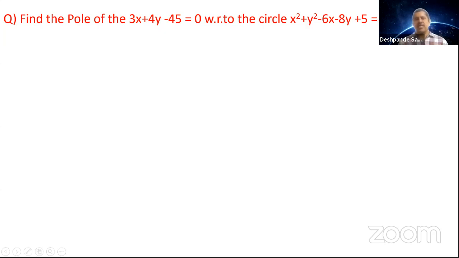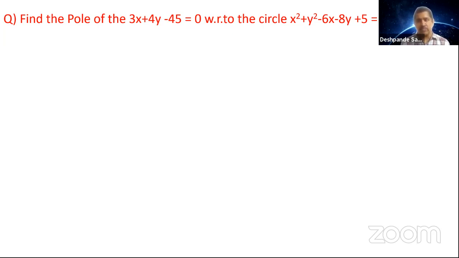So let us recapitulate how the method has been done. First of all, you have taken a general point called x1, y1. Then next, you have taken the equation of the polar for the circle, with the formula xx1 plus yy1 plus g times x plus x1 plus f times y plus y1 plus c is equal to 0.